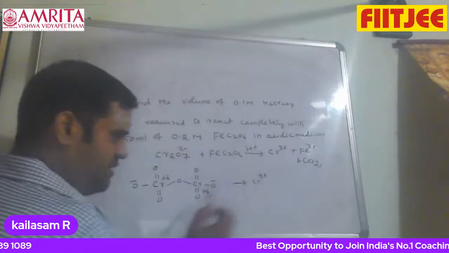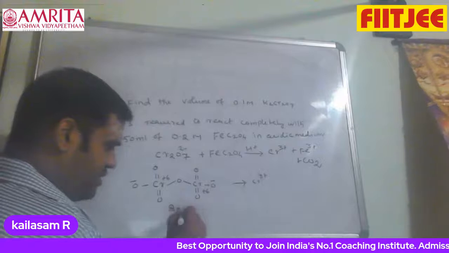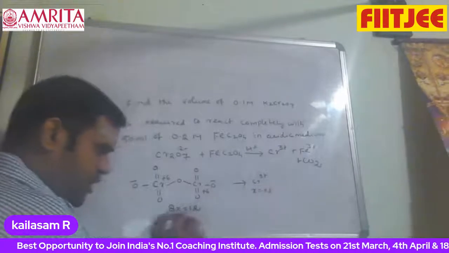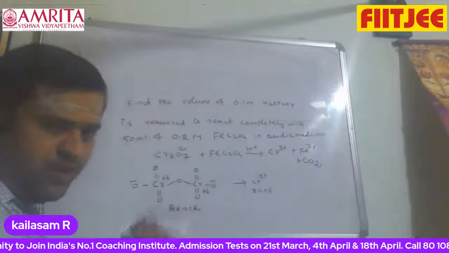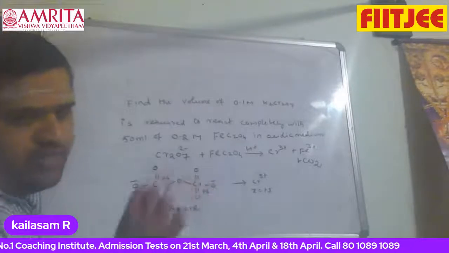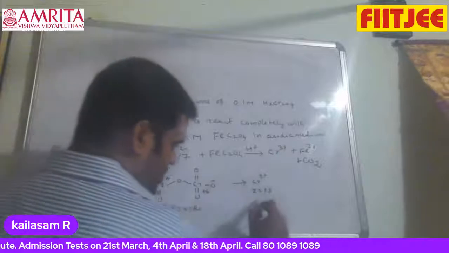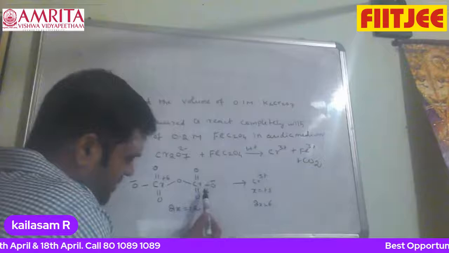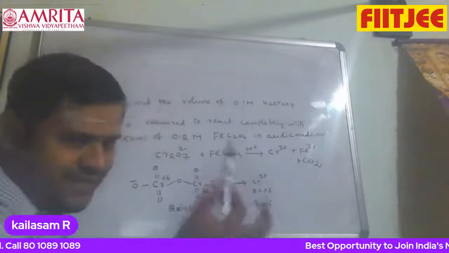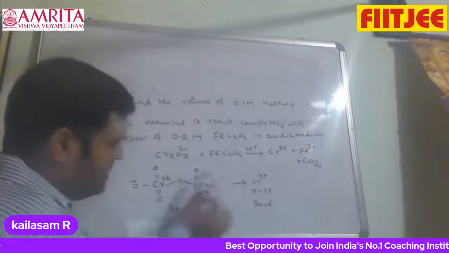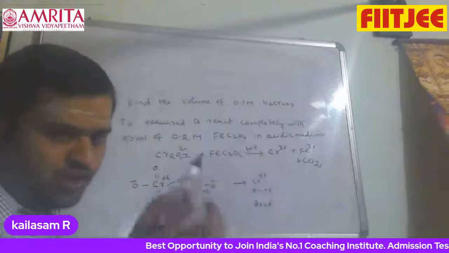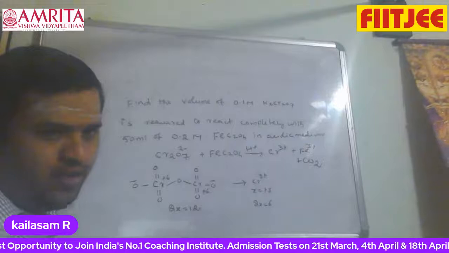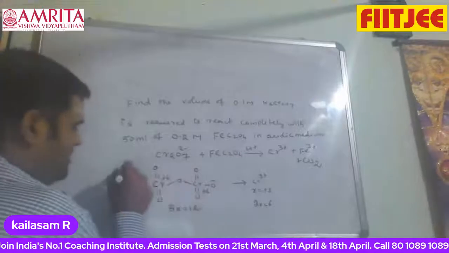That means I can write 2x equal to 12, here x is equal to plus 3. Here also 2x equal to 6. Plus 6 becomes plus 3, they gain 3 electrons each. Total number of electrons gained per mole of Cr2O7 2 minus is 6 electrons.